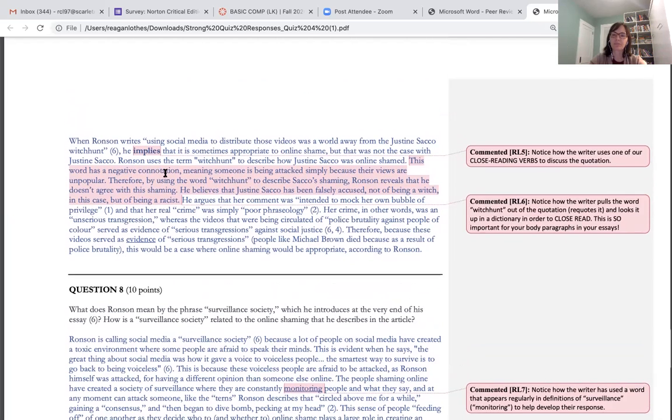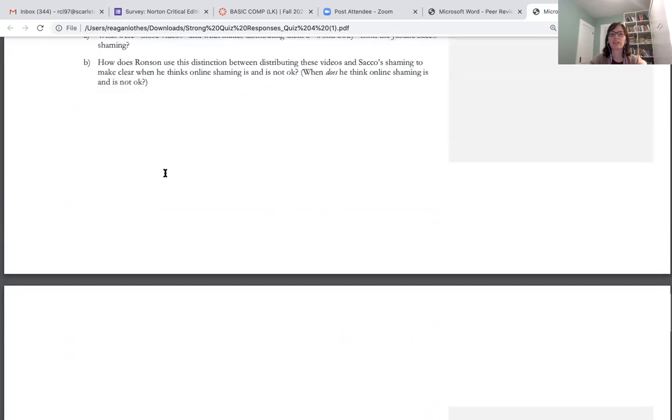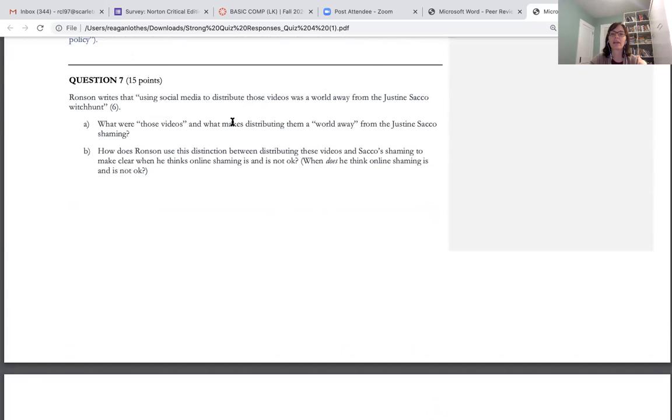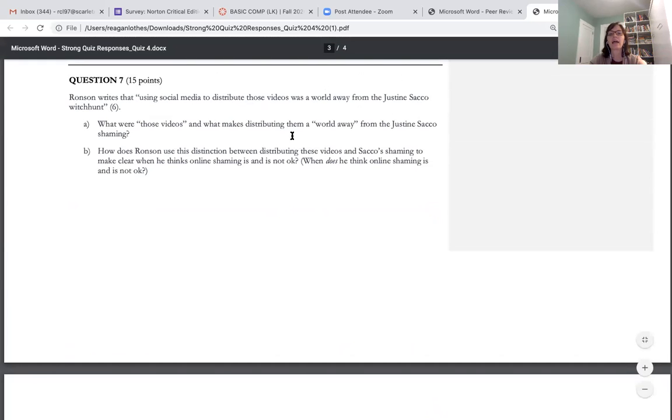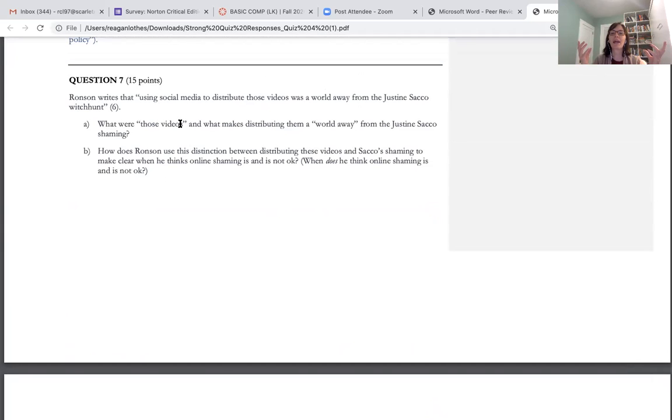So in other words, these examples, Justine Sacco's tweet and these videos, are a world away, because one's a serious transgression and one's an unserious transgression. And so it's an important point that Ronson is making here, that we as social media users who are online shaming in pursuit of social justice need to distinguish between serious and unserious transgressions, right?